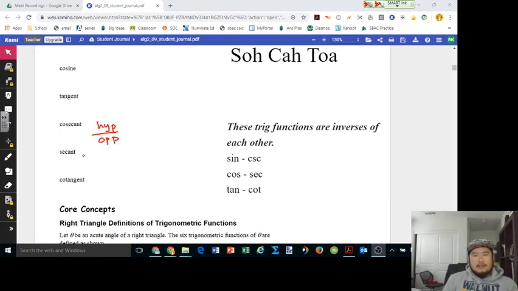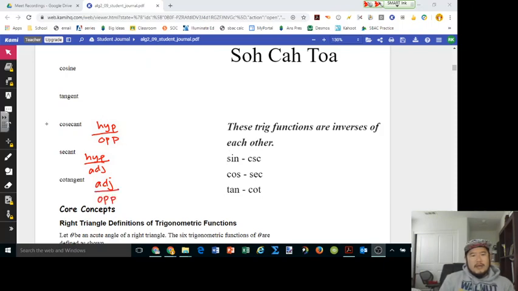For the secant ratio, the inverse will be hypotenuse over adjacent. And for cotangent, the inverse will be adjacent over opposite.